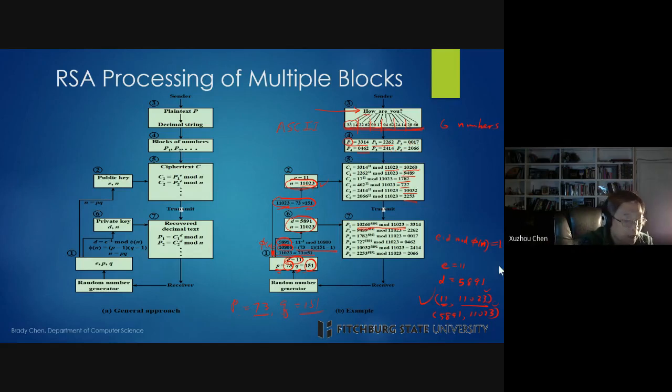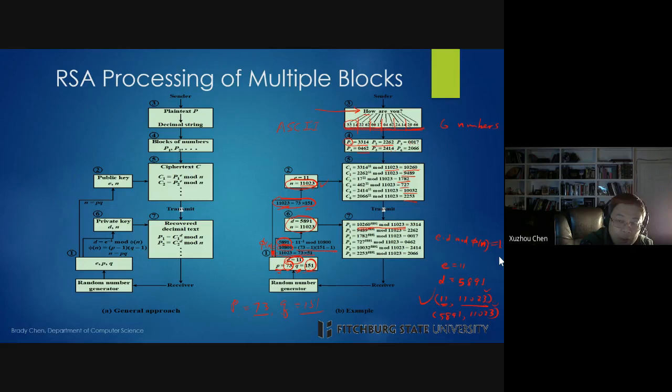People know n. But for this number, if you got n, which is 11,023, without the help of a computer, it is actually very difficult to factor, right?